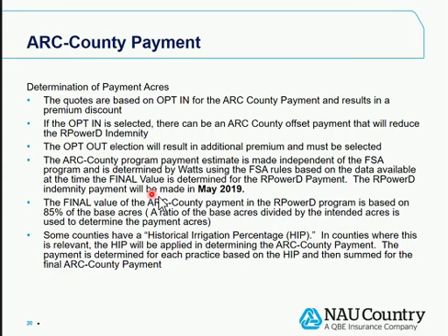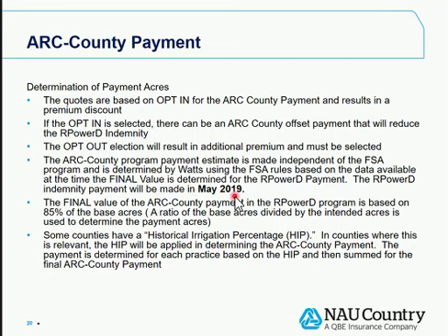Whereas if we had our loss data all put together in, say, November or December, like we would this year, we could make the RPowerD payment at the same time as we do the underlying revenue policy payment.